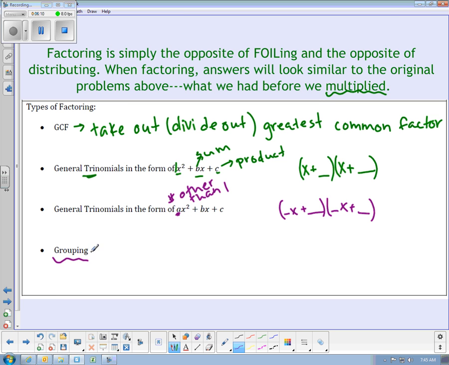And when we have grouping, this is when you have 4 terms. Okay, you group the first 2 and you group the last 2. And then you take the GCF out of each part.